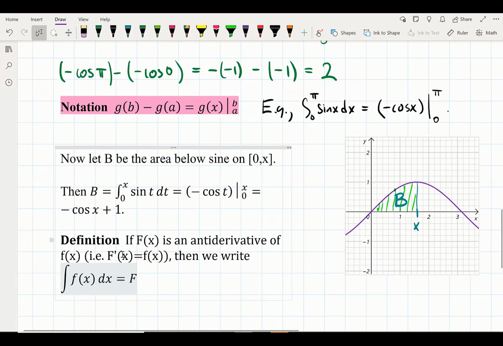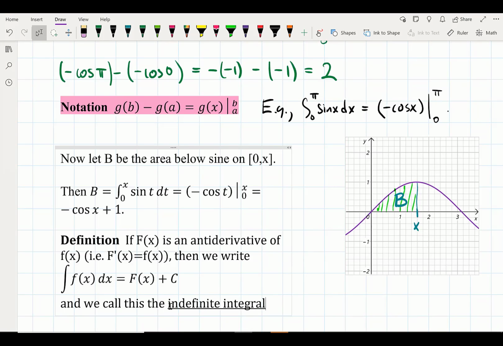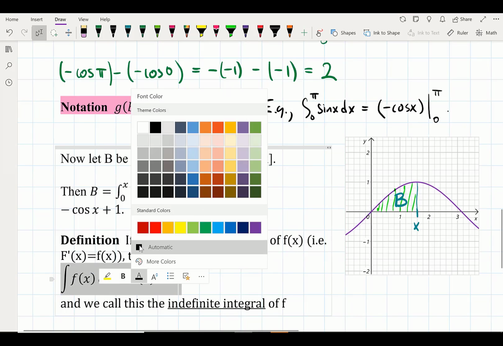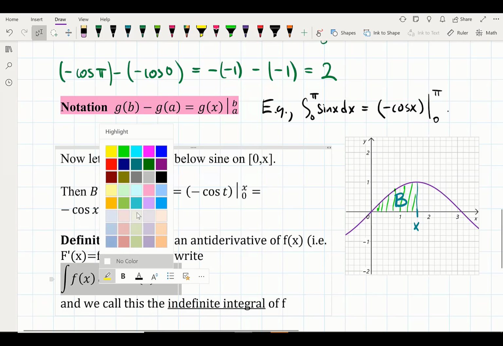If capital F is any antiderivative of little f, then this integral looking thing will be equal to capital F of x plus c. We call this the indefinite integral of f. Okay, so c, by the way, is allowed to be any constant.